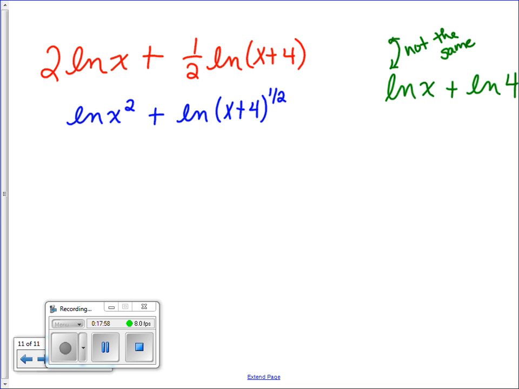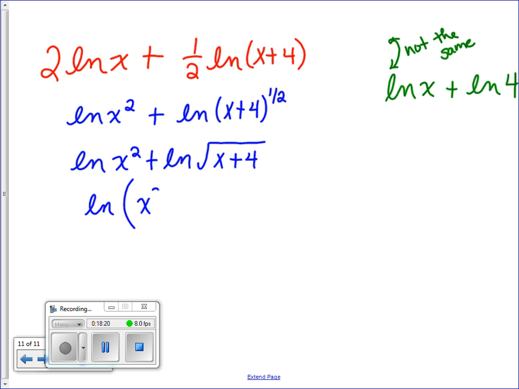Move that there. And then I can change that to a square root. Like so. And then multiply them together. Natural log, I'm going to put parentheses, that's a whole lot going on, of all of this. So we just condensed it. Take it step by step.